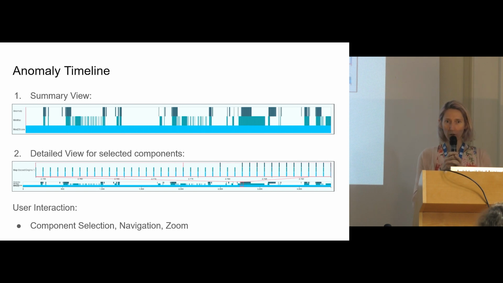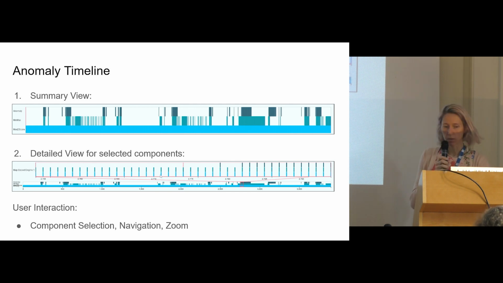So we have the option to add components to this timeline. And then you see on the bottom, the summary timeline gets shrunk, and on top, we have a detailed view of a window of the component we are interested in.